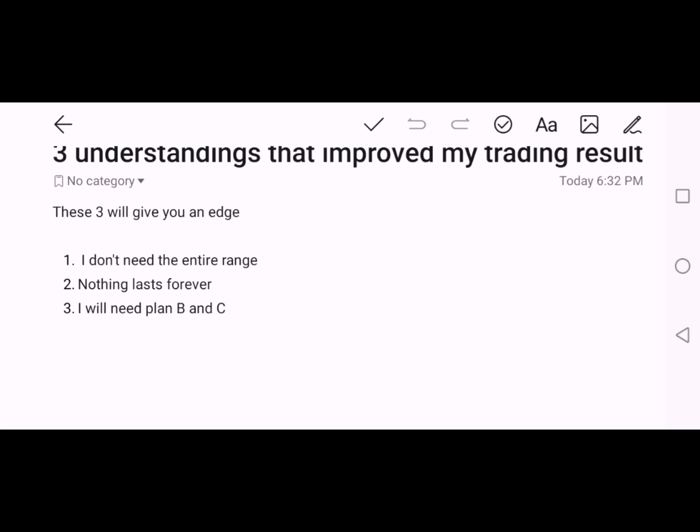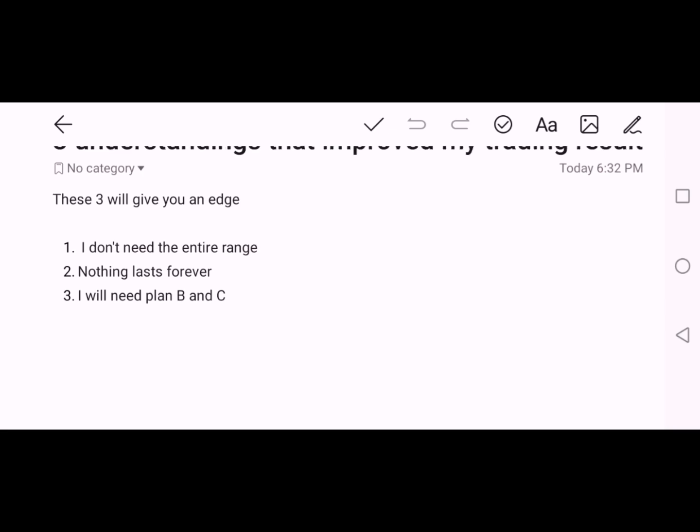You will need plan B, C, D, even up to F. If you are able to work with all those plans at once, it is up to you. It's based on your capabilities and your discretion.